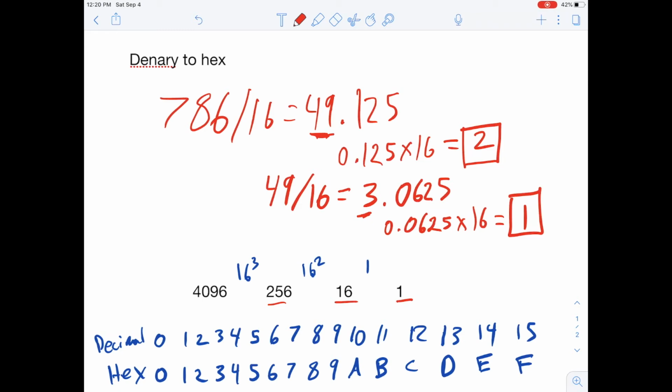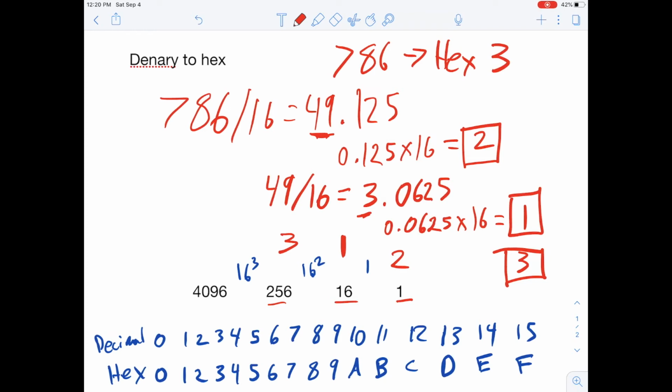And the 3 can't be divided by 16, it isn't going to fit into 16, so the 3 comes down as the last digit. So the hex number would be 3 in the 256th place, 1 in the 16th place, and 2 in the 1's place. So 786 denary or decimal into hex is hex 312. So we're getting the same answer, but we're doing it a slightly different way. Let me show you that one more time.